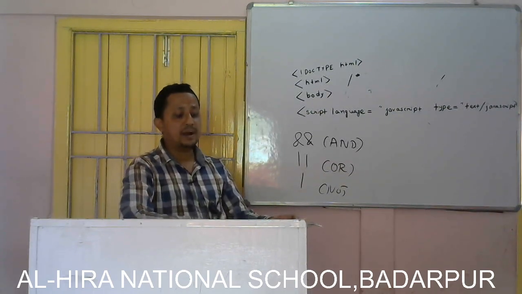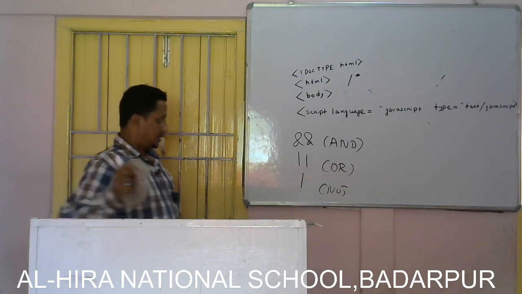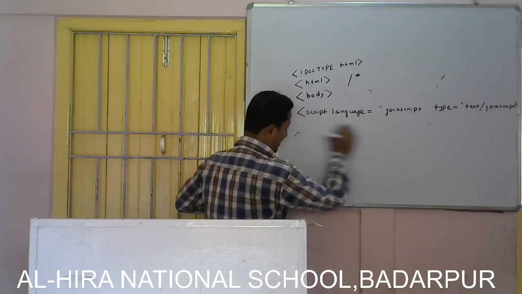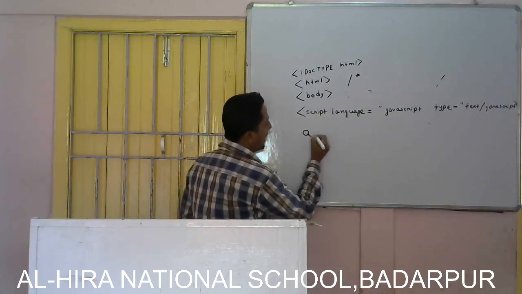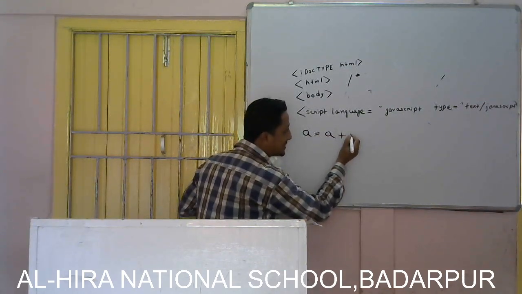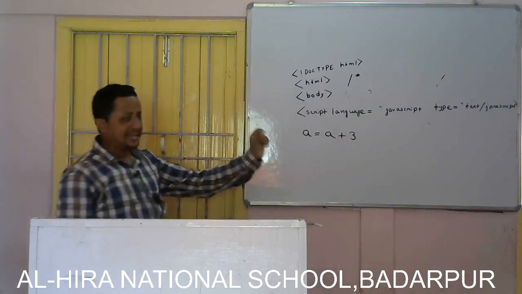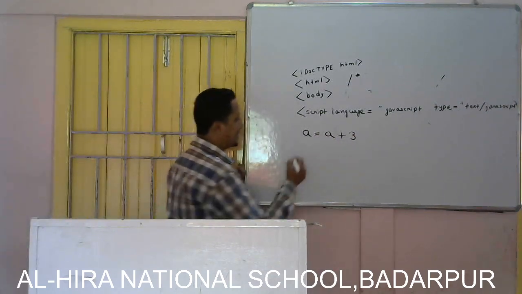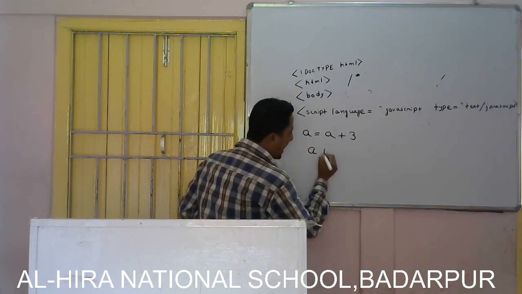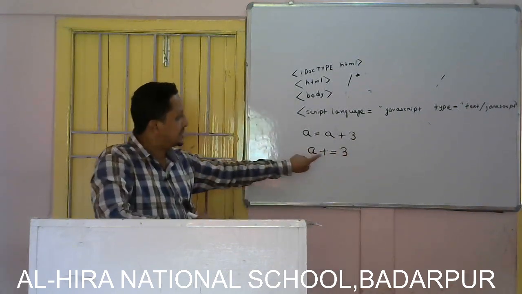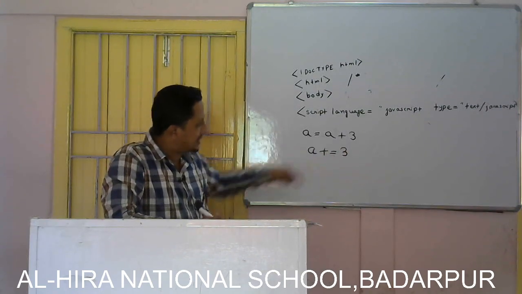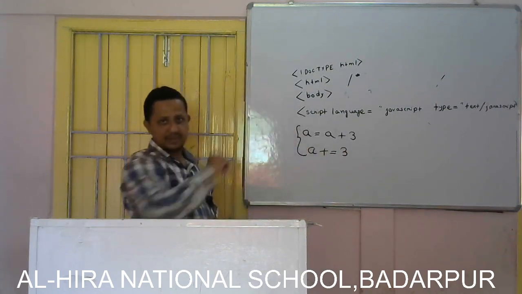Then we have the compound assignment statements. Suppose I am writing A is equal to A plus 3. This statement I can write shorter like this: A plus equal to 3. A plus equal to 3 means A is equal to A plus 3. So these two are the same.